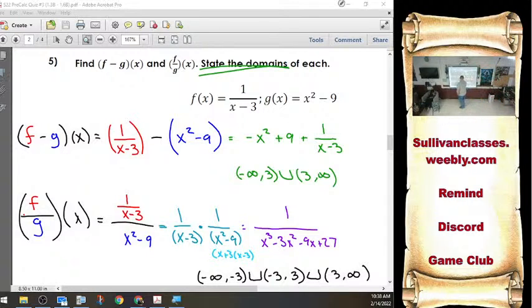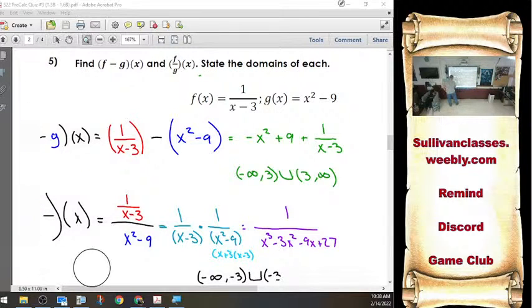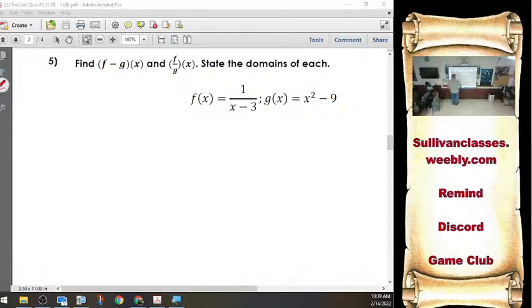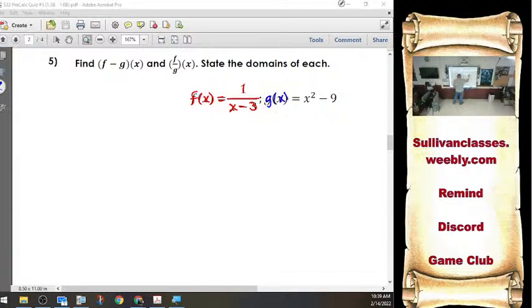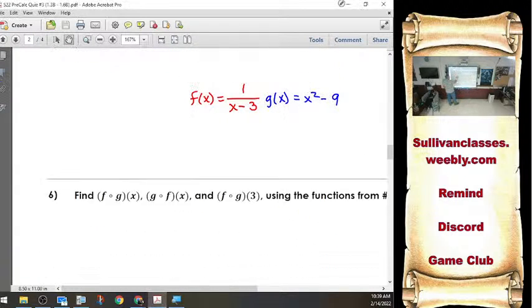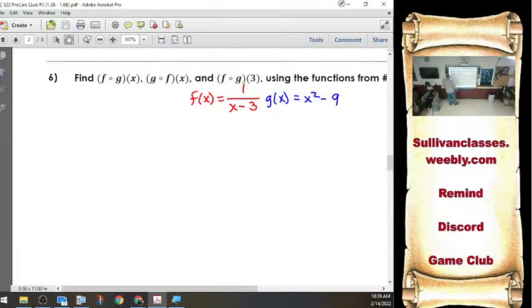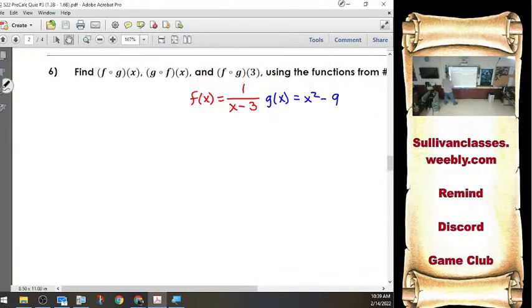And the last one was do all that stuff again, but now it's compositions. So I'm going to bring these guys with me. Okay, find f of g. The purpose of f of a thing is to take 1 over the thing minus 3.